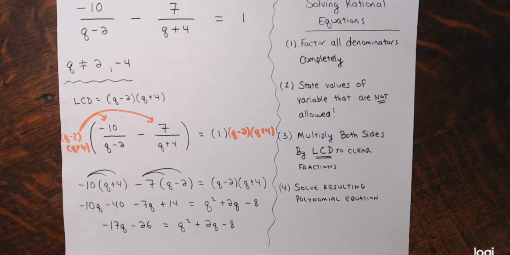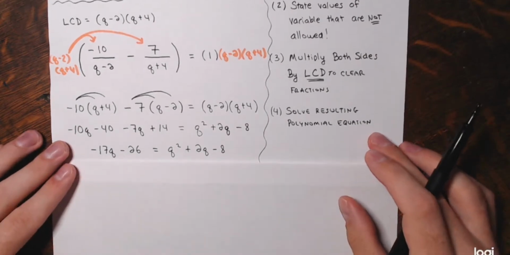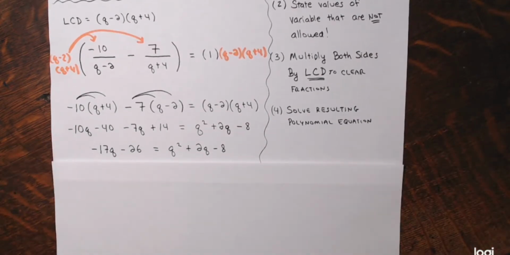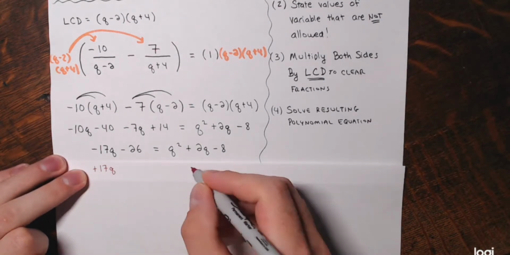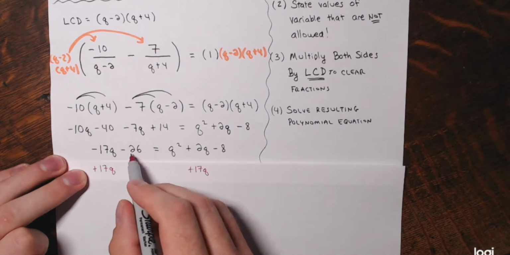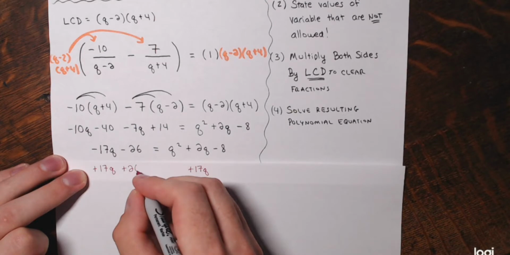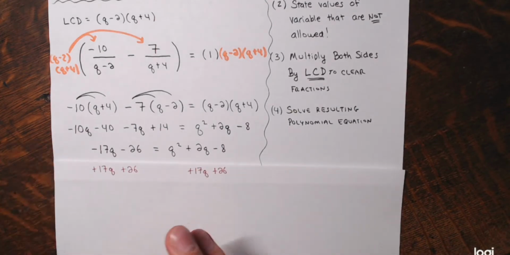And now I'm just going to take everything to the one side with the q squared on it. So that would involve adding 17q to both sides, combine the q terms, and I would be adding 26 as well. I want to take everything away from one side so that we get 0.